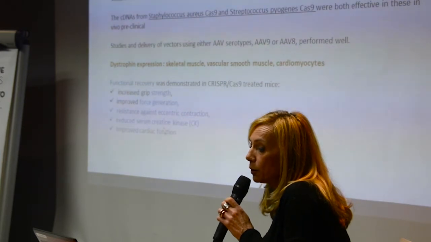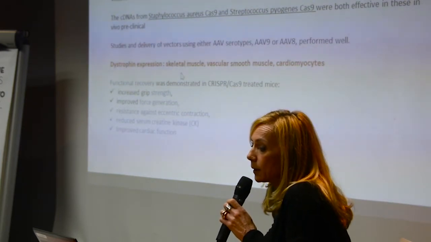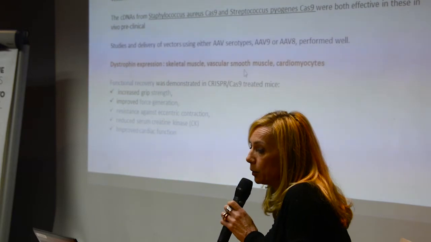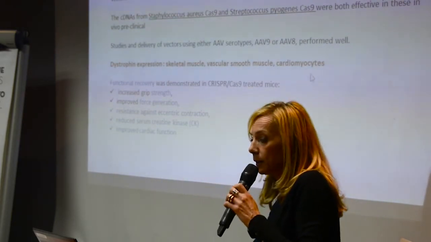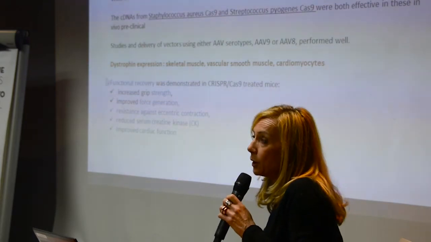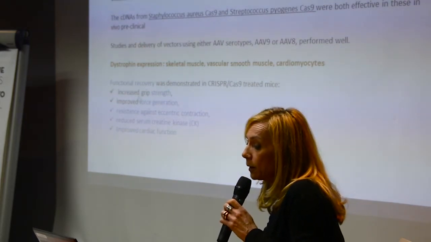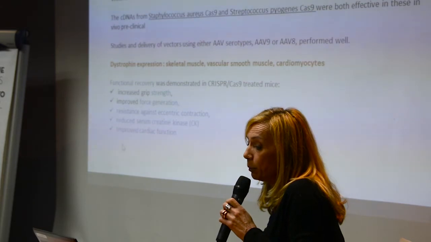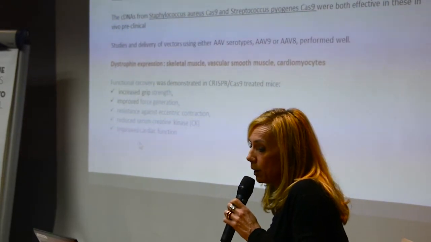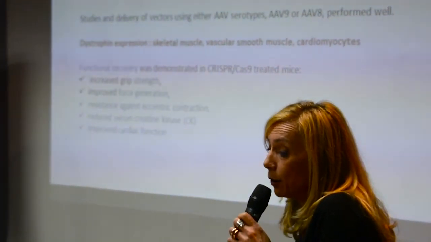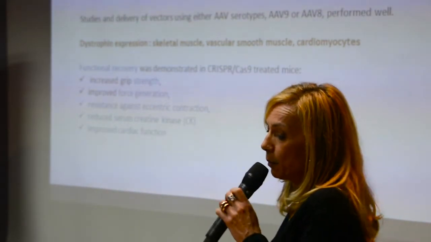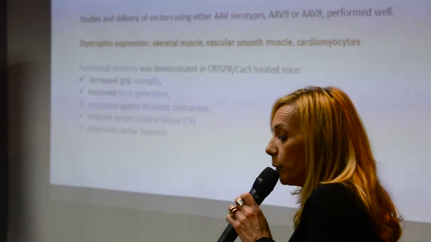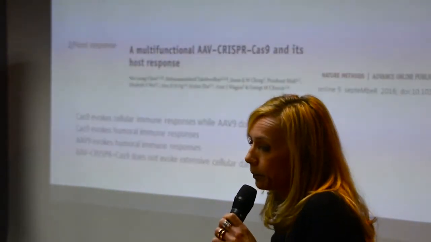But all showed dystrophin expression at skeletal muscle level, vascular smooth muscle, and cardiomyocyte, and also functional recovery with increase in grip test, with improvement in force generation, in resistance against eccentric contraction, a reduced serum creatine kinase, and improvement of cardiac function.